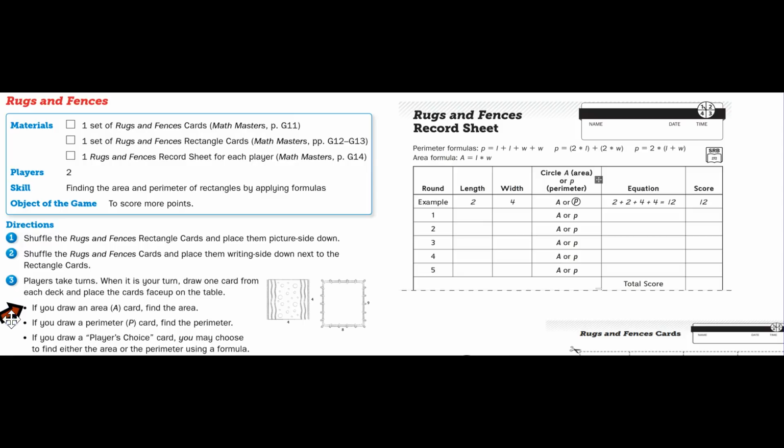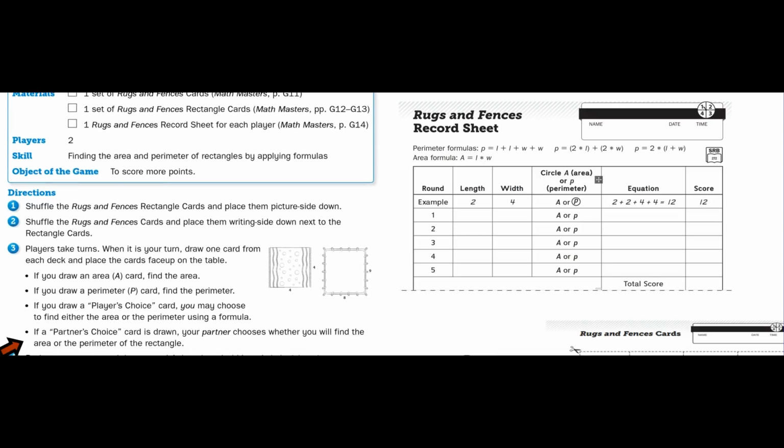If you draw the direction card that says A, then you have to find the area. If you draw the direction card that says P, you have to find the perimeter. But if you draw player's choice, you can choose what will give you the higher number, the area or the perimeter. This is where some strategy comes in.